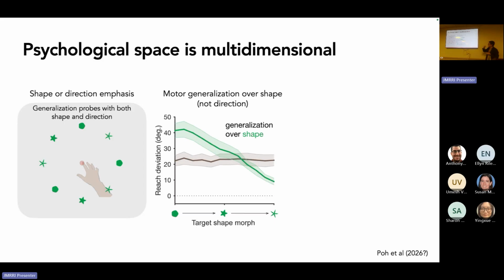So what you get there is this generalization over shape. That's what you kind of solved. As the shape changed, no matter where it was in the workspace, it fell off like this. And if you then sort it by direction, you get these flat parts. So, as they were told to do, they were generalizing by shape and not by direction.